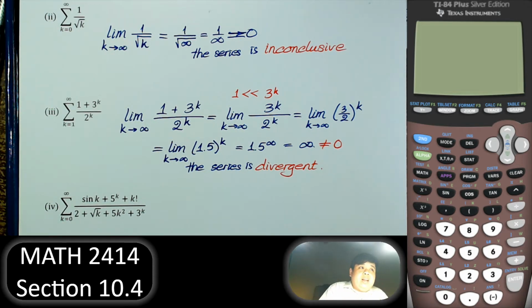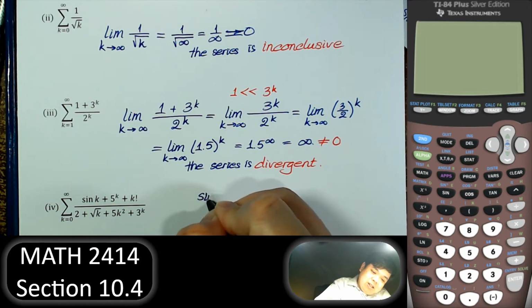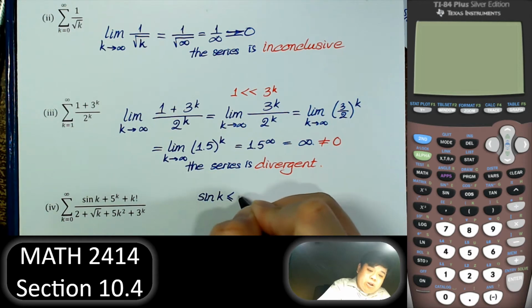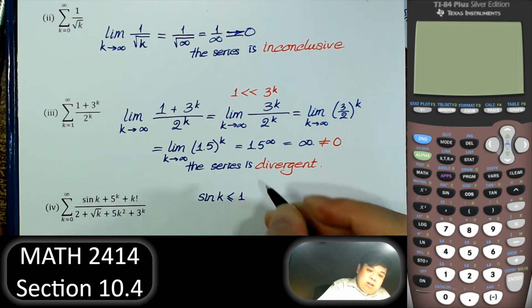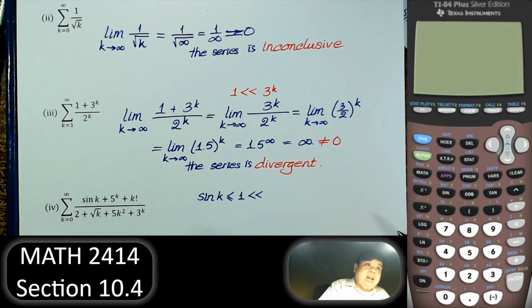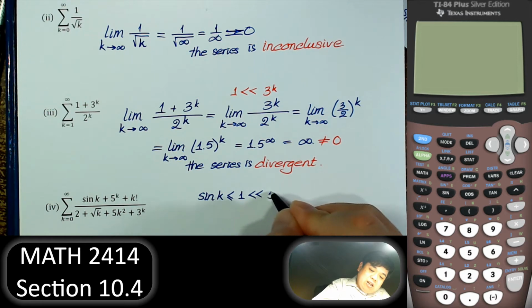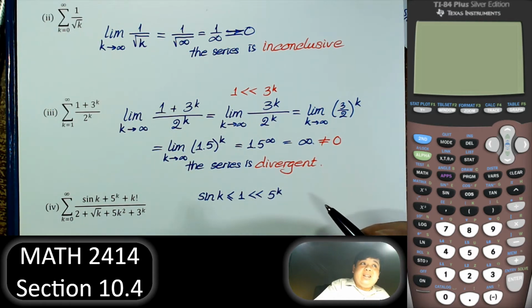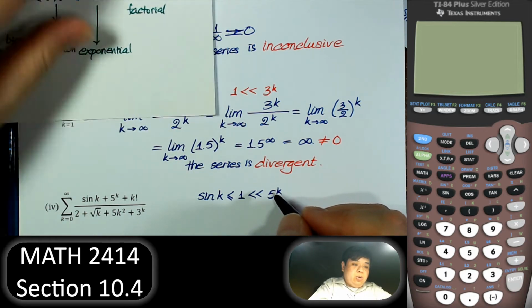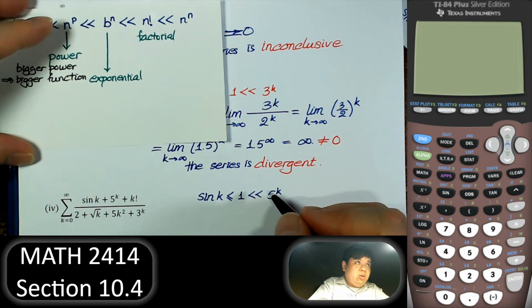So sine k is less than or equal to 1, and 1 doesn't go to infinity, so we can perfectly write it like that. So sine k is going to be significantly less than 5 to the k and significantly less than the factorial. So this is the ranking.